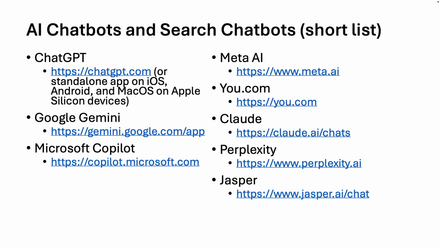So these are some chatbots and search chatbots. Gemini and Copilot are from Google and Microsoft. And then Meta is obviously the Facebook guys. These tend to rely on the other chatbots, but they have different prompts to steer them in a particular direction.